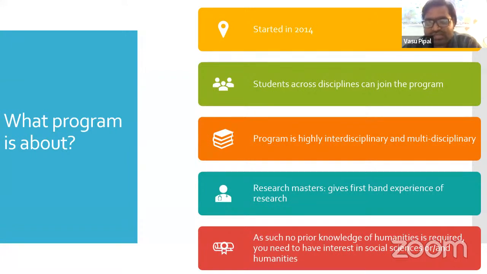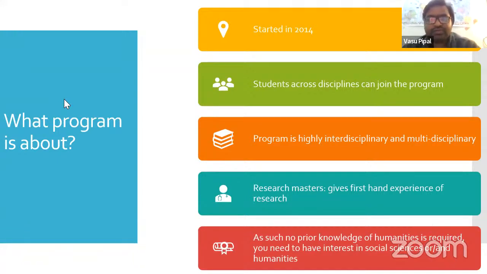The other thing about the program is that it is highly interdisciplinary and multidisciplinary. You can take courses even from science baskets. I have some classmates who have taken courses from computer science and other engineering branches also. And we have a very huge basket of elective courses in humanities also. So these are some of the basic information about this program.